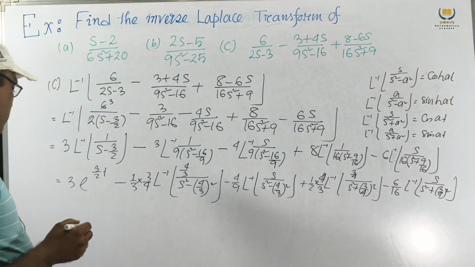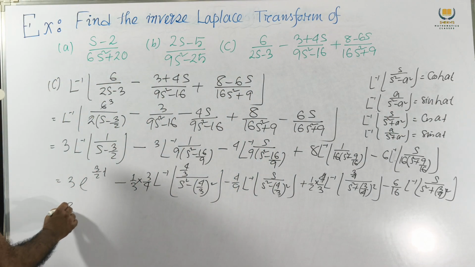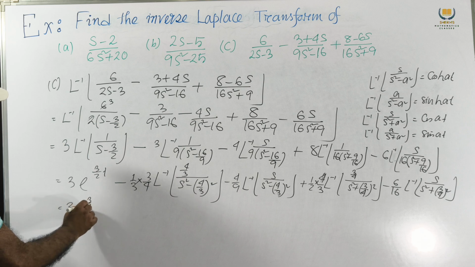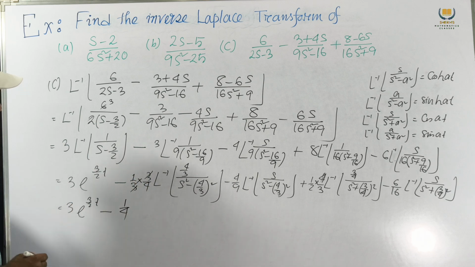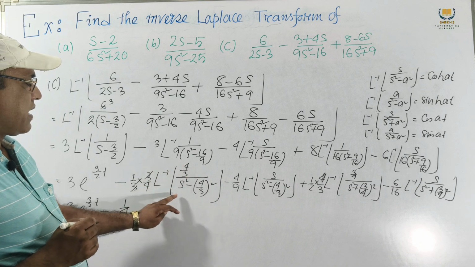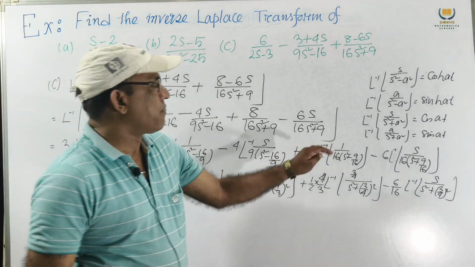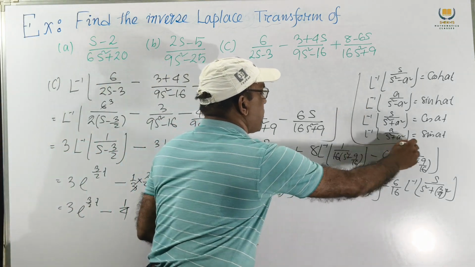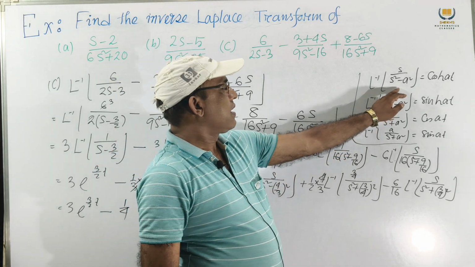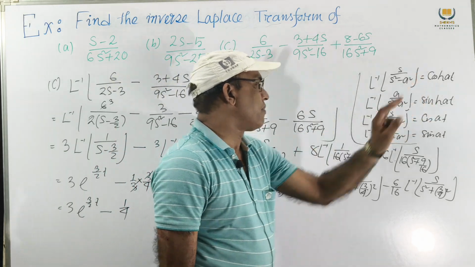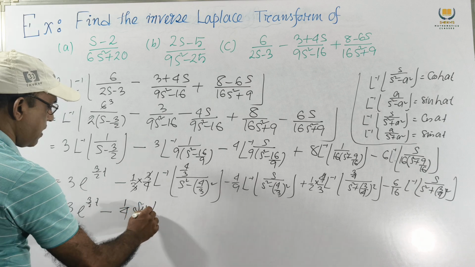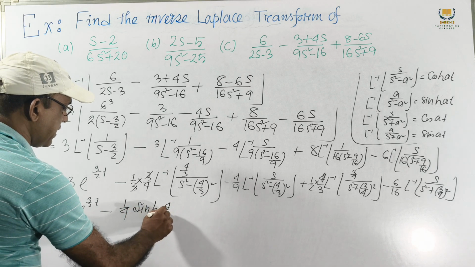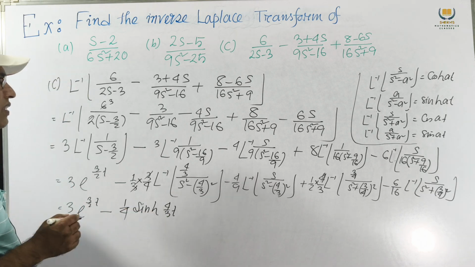This formula we get. The first term remains the same, e to the power 3 by 2 t, and this 3 cancels, 1 by 4, a by s square minus a square. Using this formula, a by s square minus a square is sine hyperbolic at, so this will be sine hyperbolic at, a means 4 by 3.